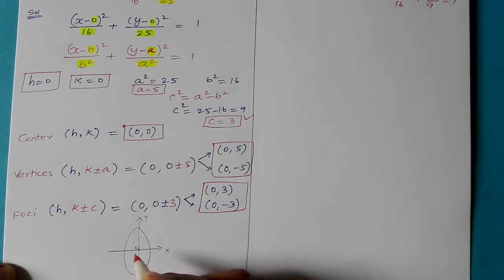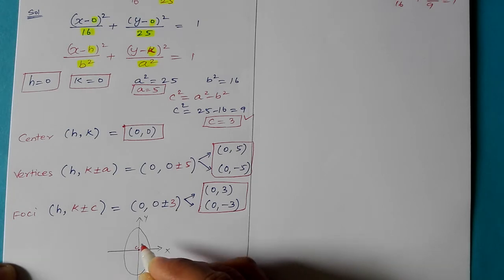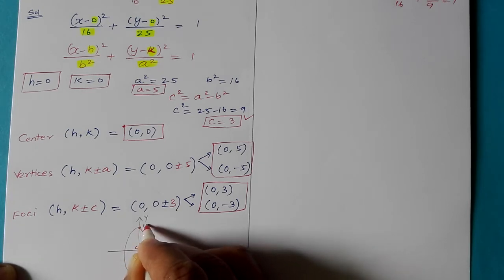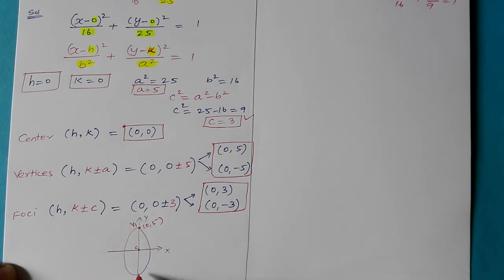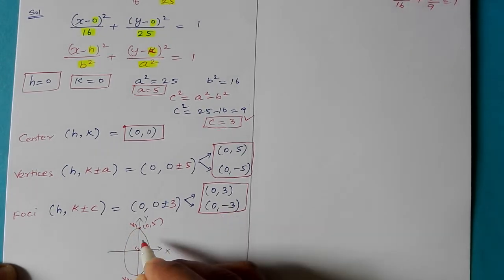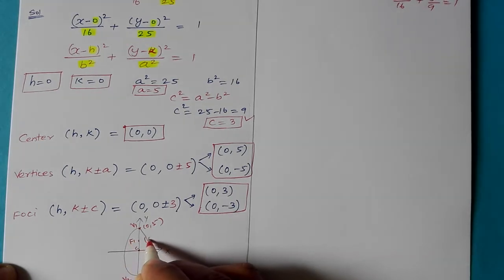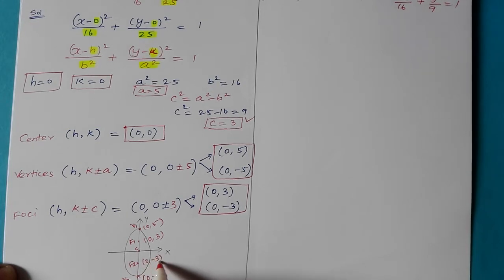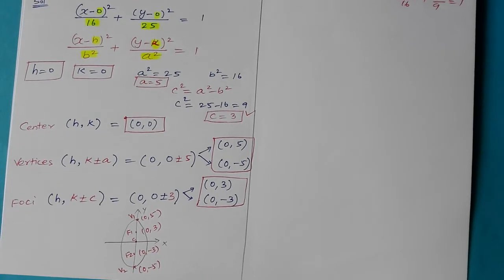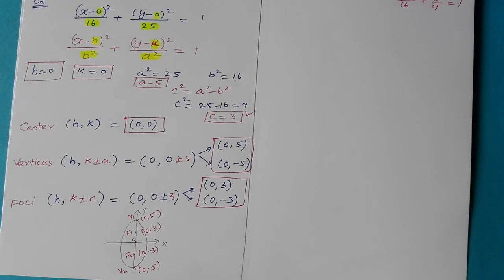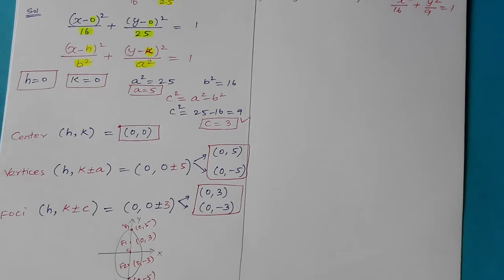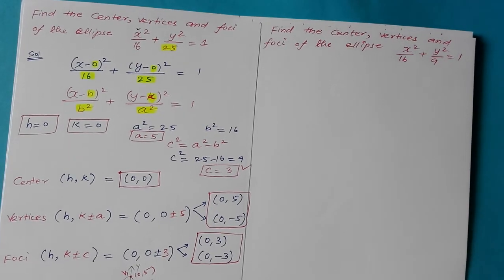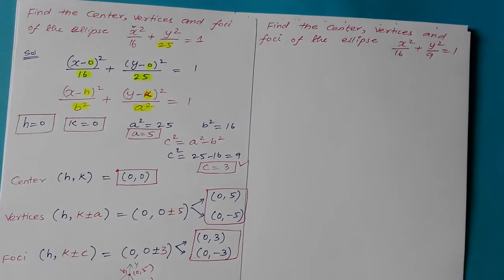The vertices: V1 is 0 comma 5, and V2 is 0 comma minus 5. F1 is 0 comma 3, and F2 is 0 comma minus 3. So this is the graph of this one. If the question asks to sketch the graph, then draw it. Otherwise no need, you just have to calculate the center, vertices and foci.